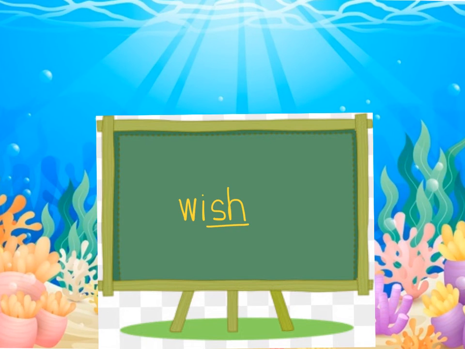Now I need to turn wish into wishes. If I just add S, I'll end up with w-ish, wish. That doesn't sound quite right. If I add ES, I'll have w-ish-es, wishes. That's the ticket. Go ahead and add your ES to the end of the word wishes.